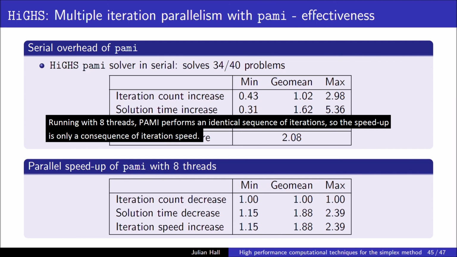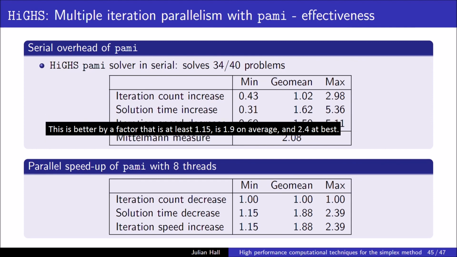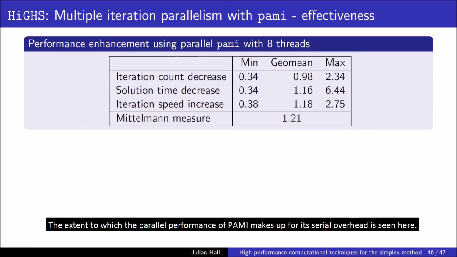Running with 8 threads, PAMI performs an identical sequence of iterations, so the speed-up is only a consequence of iteration speed. This is better by a factor that is at least 1.15, is 1.9 on average, and 2.4 at best. The extent to which the parallel performance of PAMI makes up for its serial overhead is seen here.